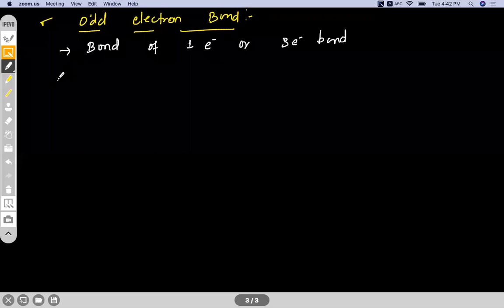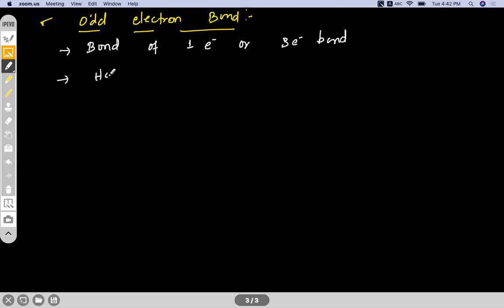This we also call a half bond. Its bond order is half, that is 0.5. Only two examples we have here, which you have to keep in mind.